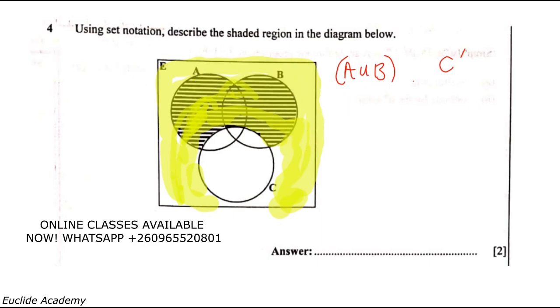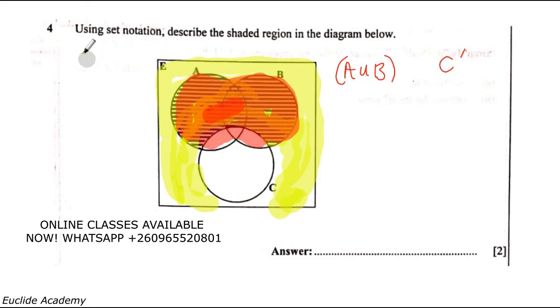And then we have A union B, which is whatever is in, I might go for red. So this is A union B, including this part here. So now what you want is the intersection of the yellow and the red.